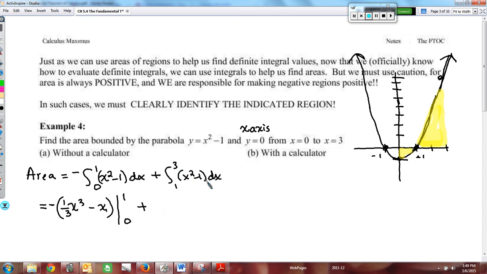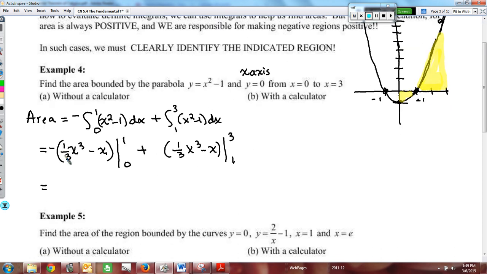The antiderivative is exactly the same, 1/3 x cubed minus x, and only this time I'm calculating net change from 1 to 3. So, and I'll leave you to go ahead and do the plug and chug on this, but you basically plug in your 1.